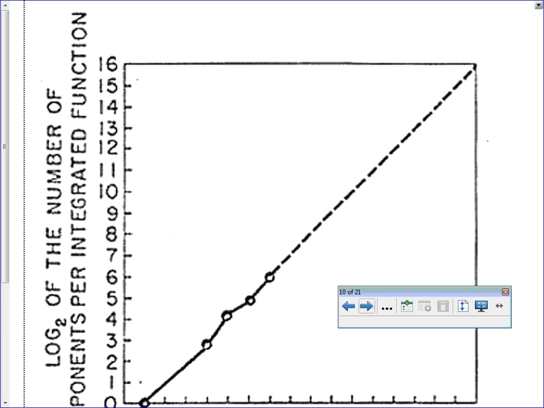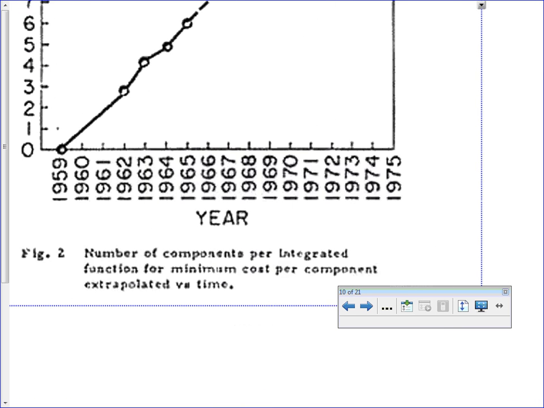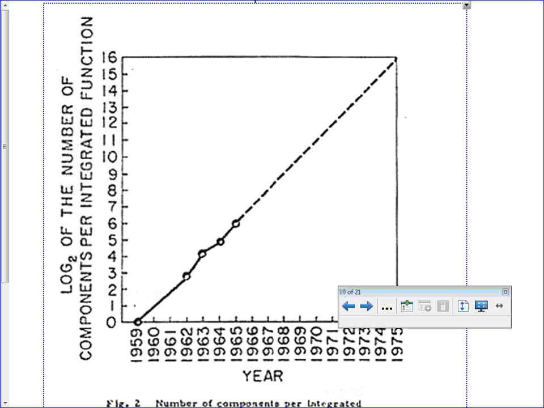Here's the classic example that was in the news just this week. Fifty years ago, a guy was sketching on a piece of paper. He was working at a small semiconductor company, and he was looking at the number of integrated semiconductors they could put on one chip.